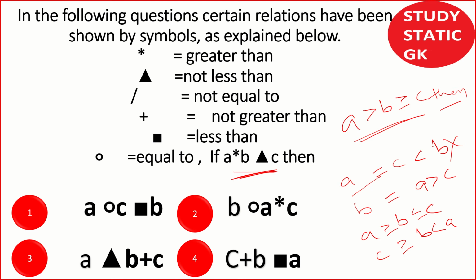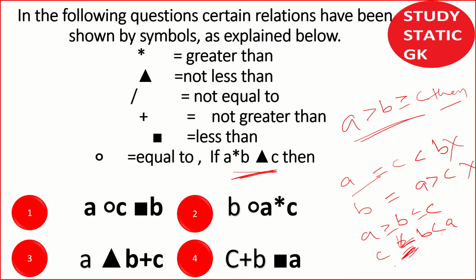First one is right, and next, B equal to A. This is also wrong because as clearly mentioned, B is less than A, and here plus means not greater than, means less than or equal to. Sorry, he has written less than or equal to here. So C less than or equal to B less than A.